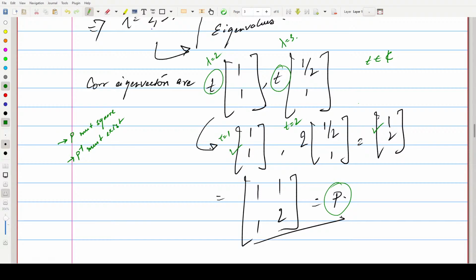For the record, t could have been anything. For this matrix, let's say this is t1 and t2. Let t1 equals 2, then we could have had (2, 2), and if t2 equals, let's say, 4, then we could have had (2, 4).